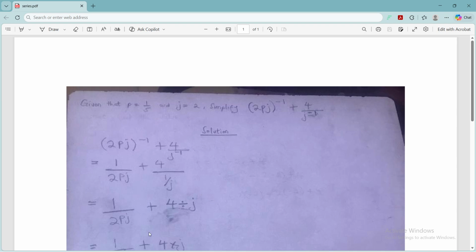So in simplifying, we have the fraction 1 over 2pj plus 4, because 4 divided by 1 would give you 4. Any number divided by 1 will give you the number, right? Okay. Divided by j.